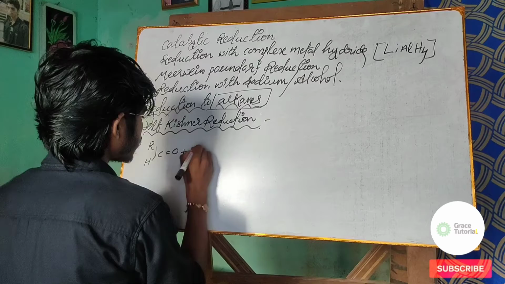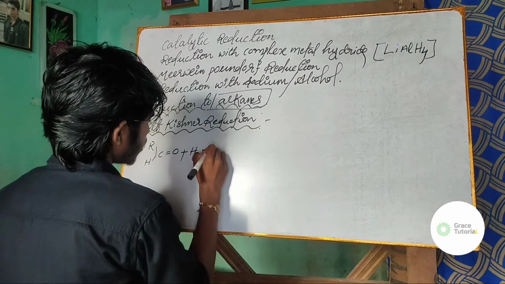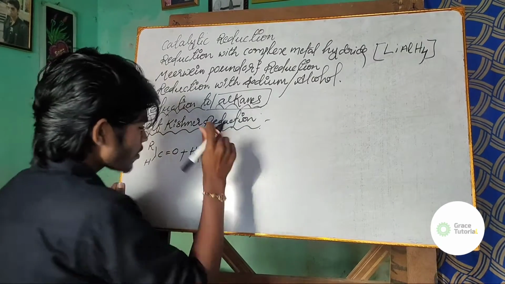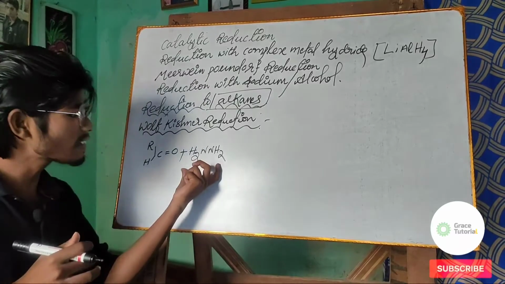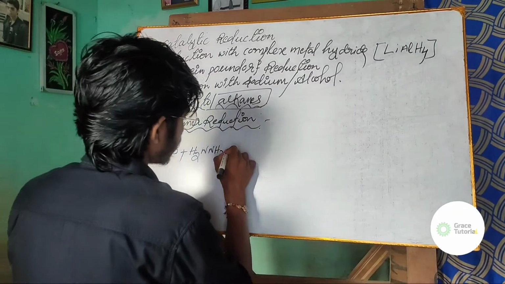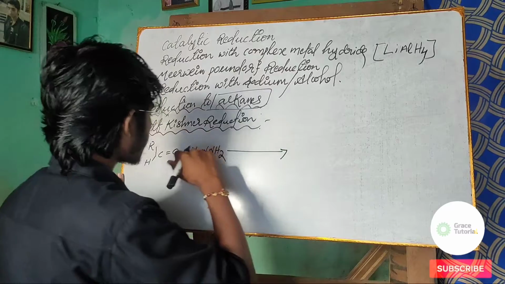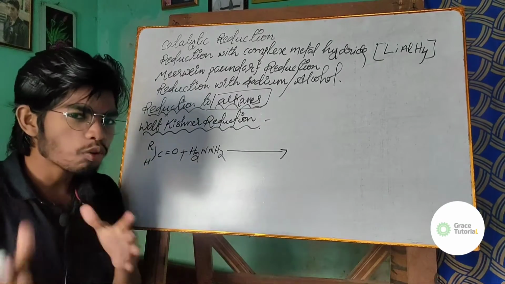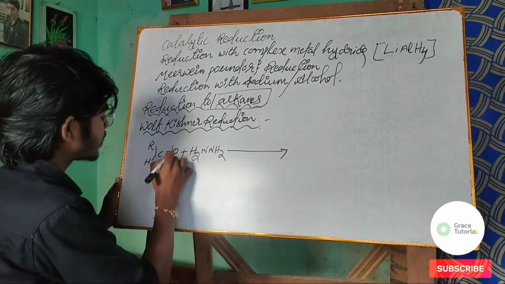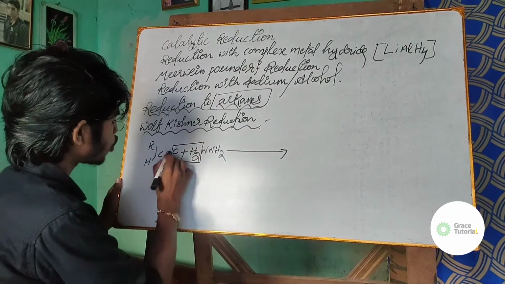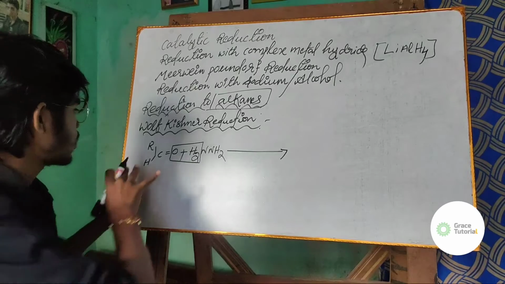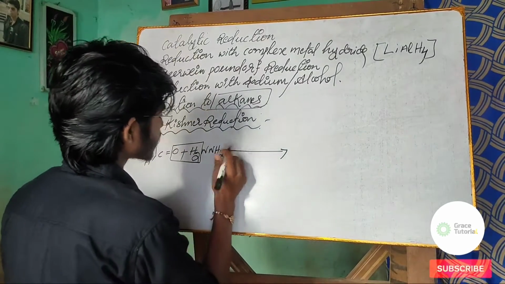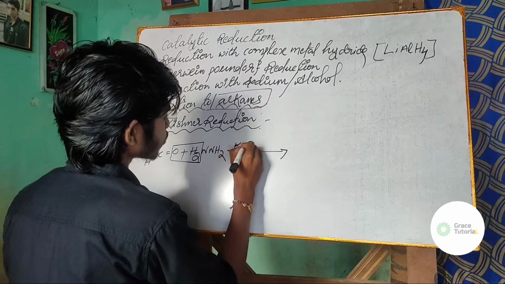If I treat this aldehyde with H2N-NH2, hydrazine, we have already done this reaction with elimination of a water molecule. Here in this case, H2 and O, the water, is eliminated. But here we need to put the agent, that is KOH in glycol.